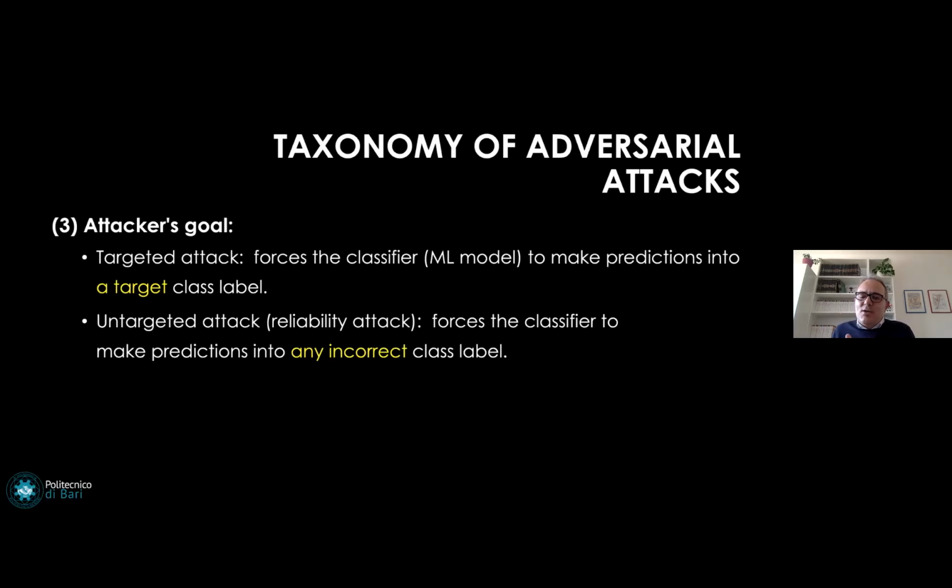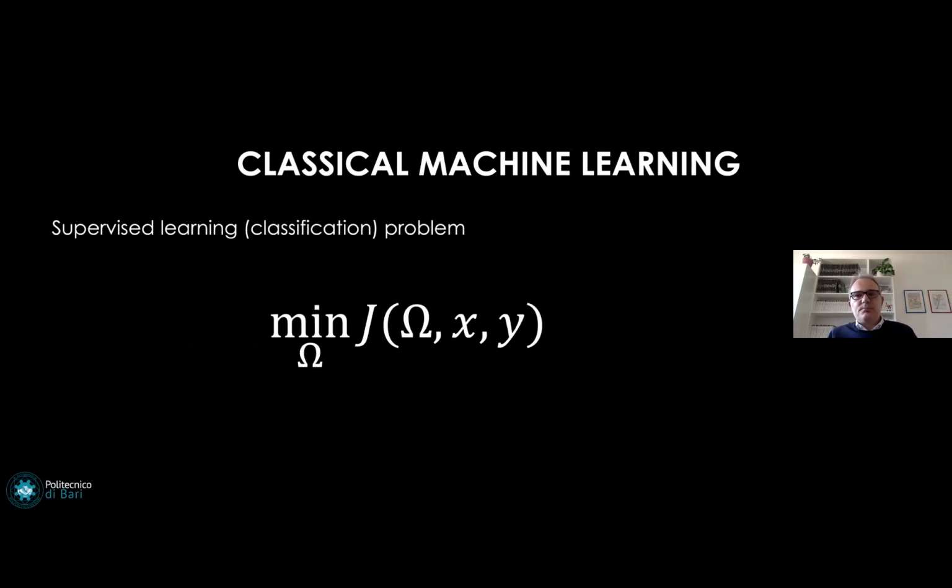So the attacker wants the misclassified example to be classified with a specific label which has been decided by the attacker. On the opposite side, we have an untargeted attack, where the attacker just wants the example to be misclassified and doesn't care about the final label of the example.